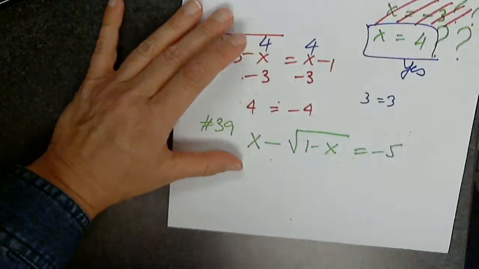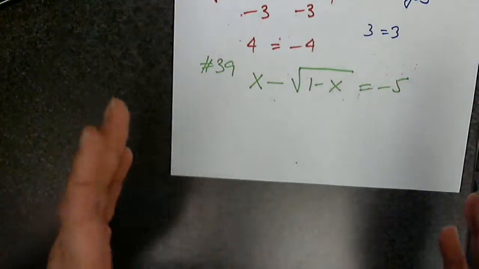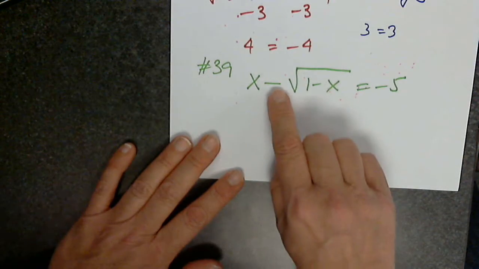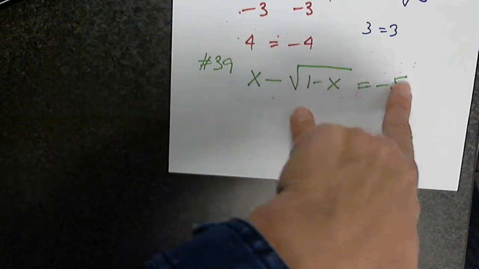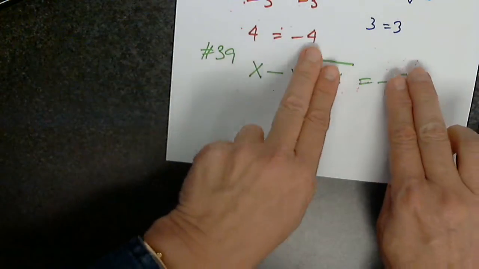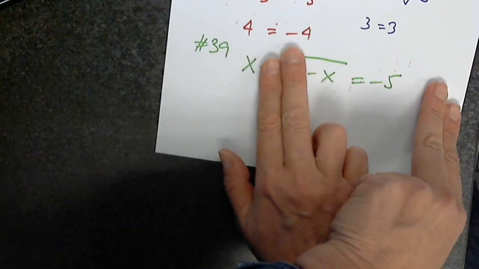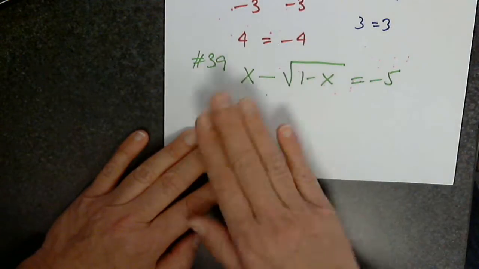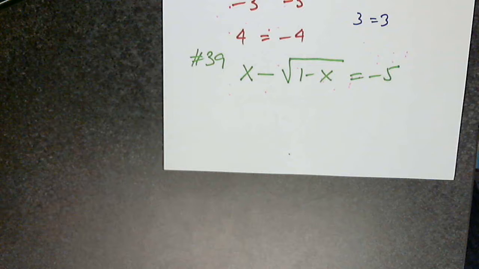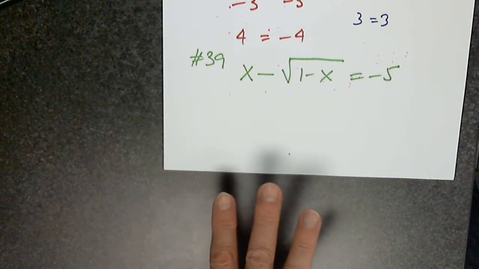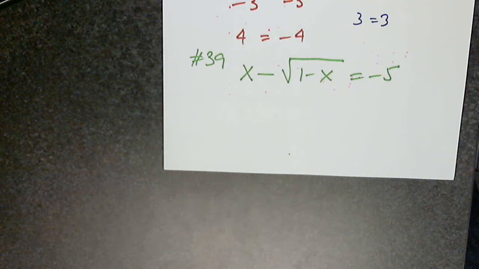This one does not have the radical isolated. So what I would recommend, because there is minus here and minus here, is to add 5 to both sides and move the radical to the other side so everything has positive sign. But it's up to you. But you cannot square as is. You must isolate the radical first.